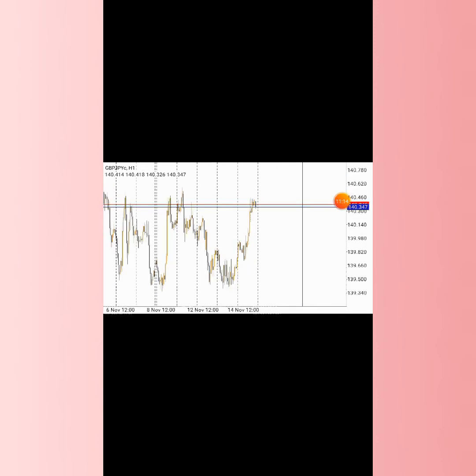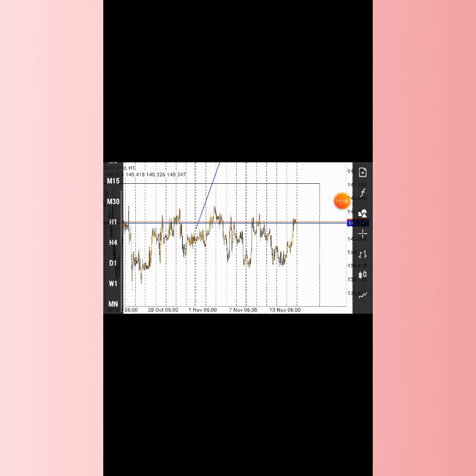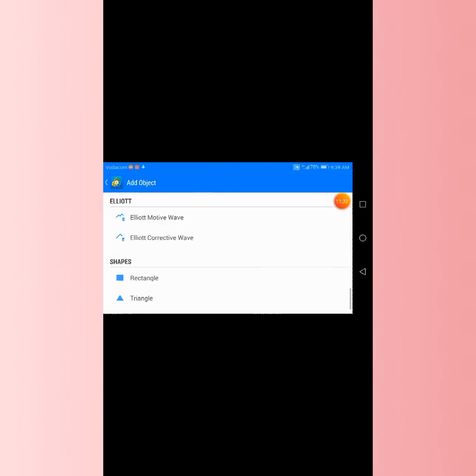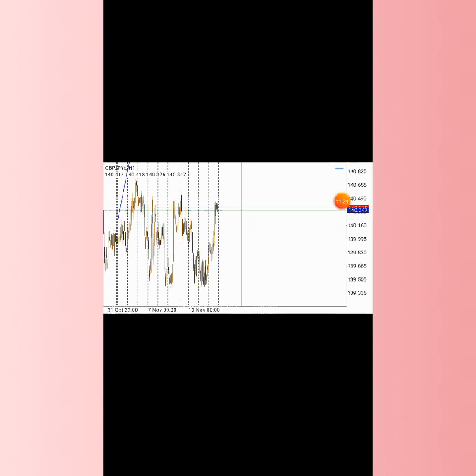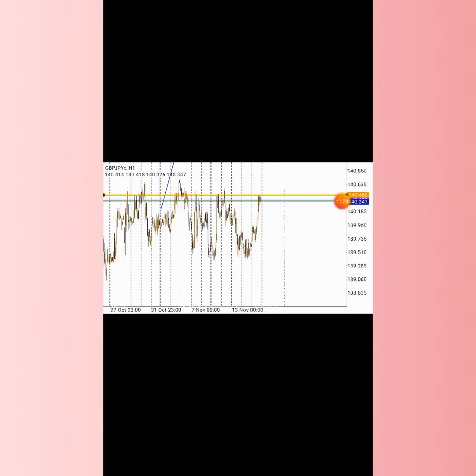So when you check H1, it is at resistance in this zone. So you see this is around resistance here.